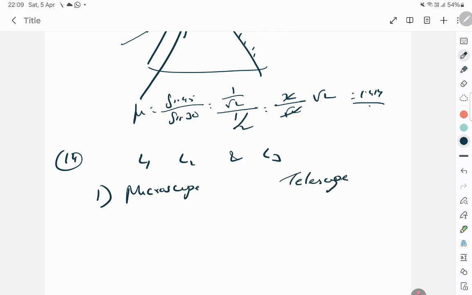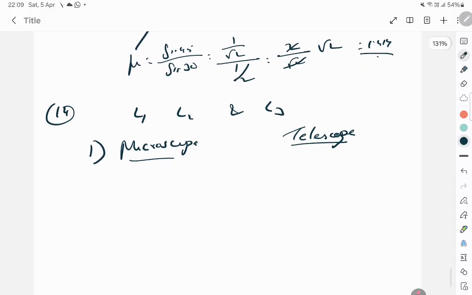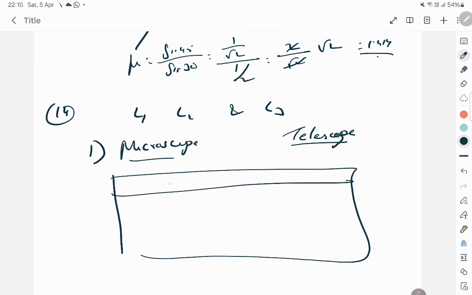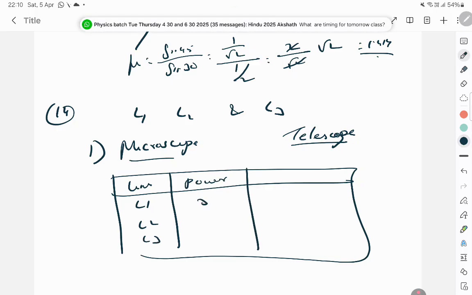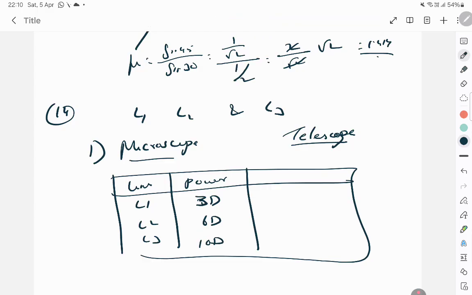They haven't taught you microscopes and optical instruments in your school, but they've asked you this question, where they have given this combination of lenses L1, L2, L3, where the powers are 3D, 6D and 10D, and the apertures are 8 centimeters, 1 centimeter and 1 centimeter. So which one will you choose for the microscope?